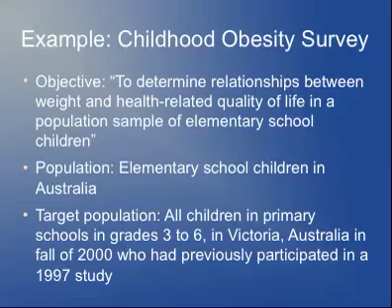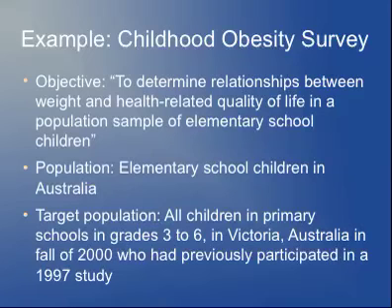Another example illustrating these various sampling ideas was this childhood obesity survey that I discussed on Wednesday. They wanted to evaluate the relationship between weight and health-related quality of life among elementary school children in Australia.